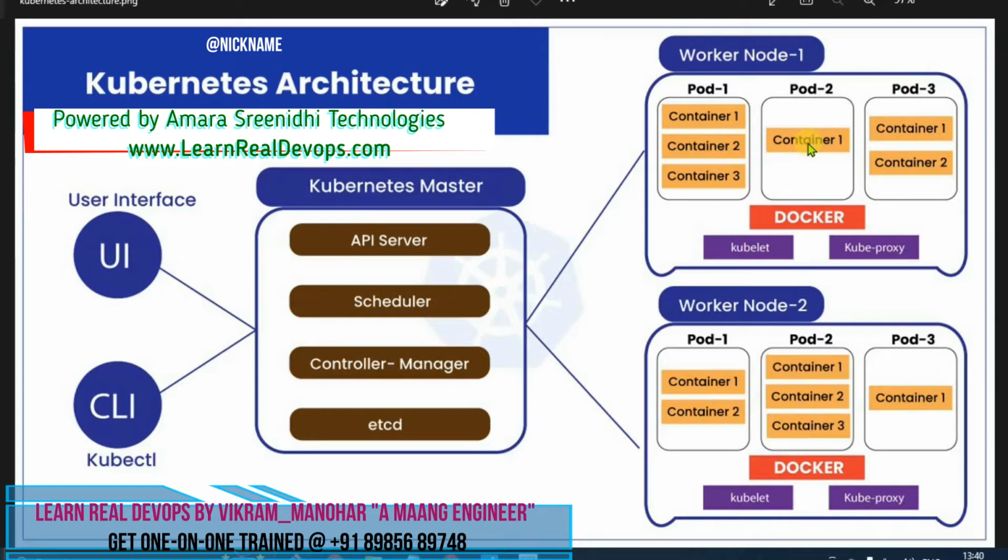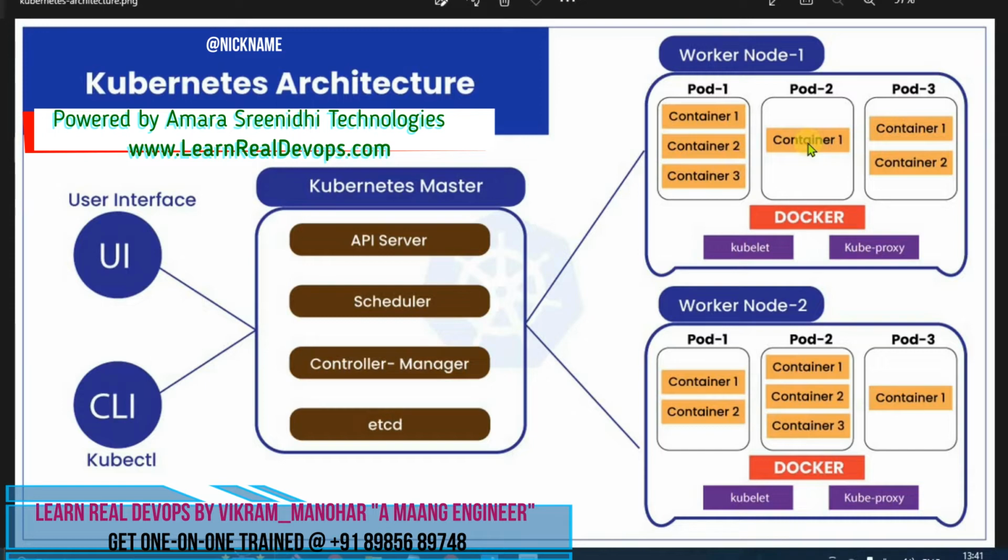Now, what will usually be inside an image? As I said, the application will be converted into an image and it will be running inside the container. But inside the image, not just the application, you will also have libraries, binaries, and also an operating system. Usually images are said to be lightweight.